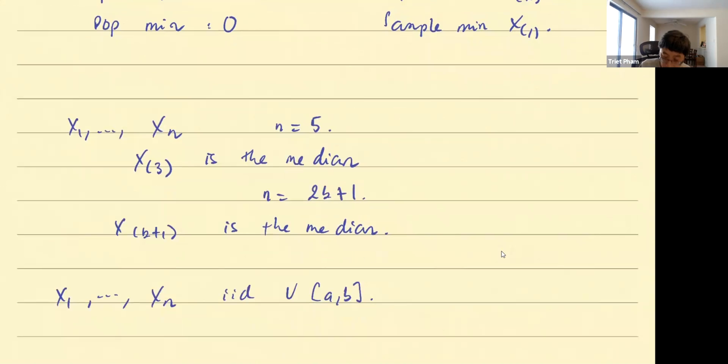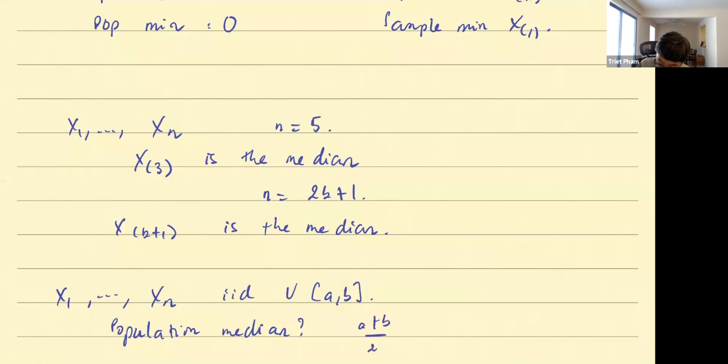So suppose you have a uniform AB distribution, then what is the population median? What is the population median? b plus a over 2, right? Not b plus 1, but b plus a over 2.